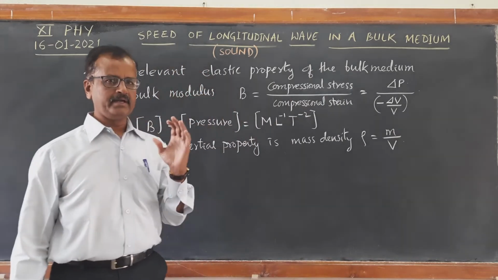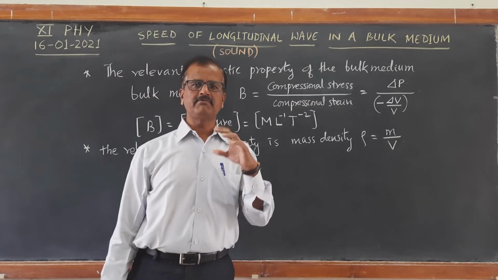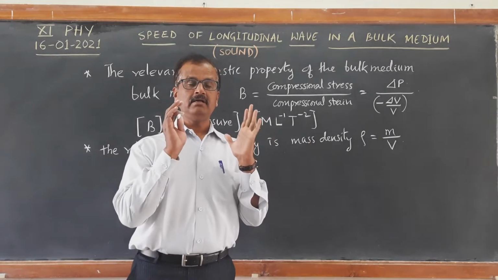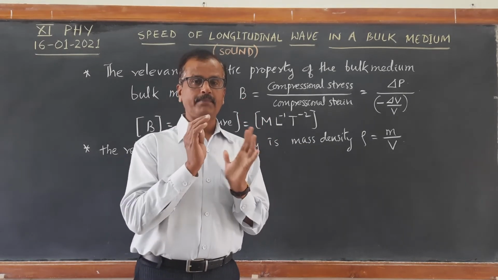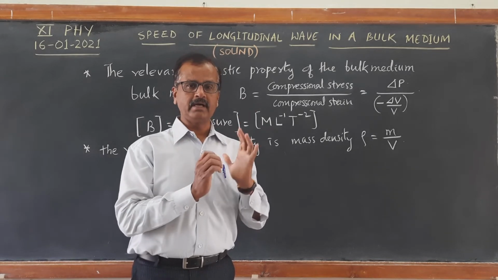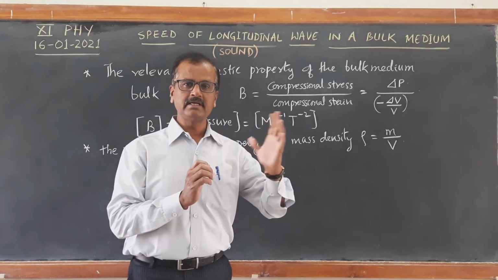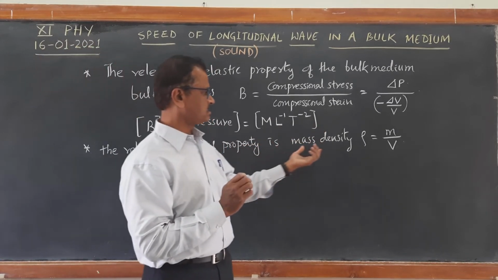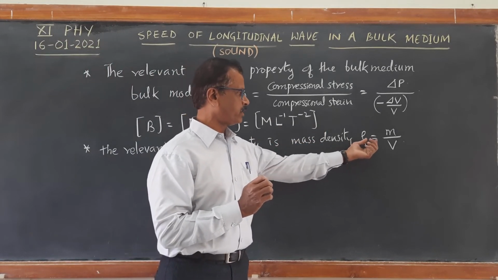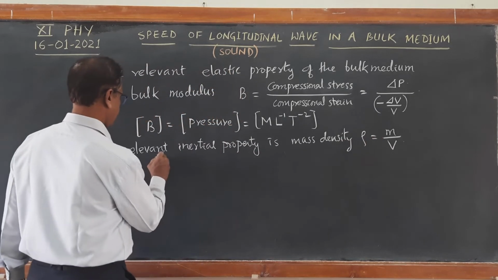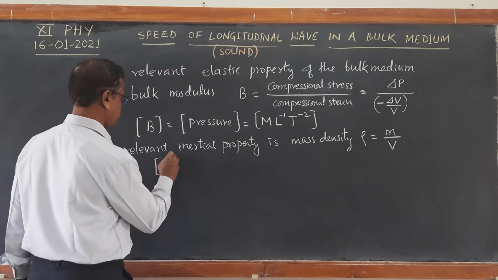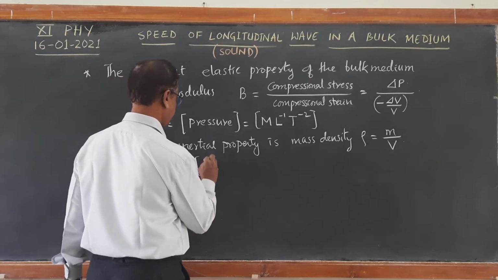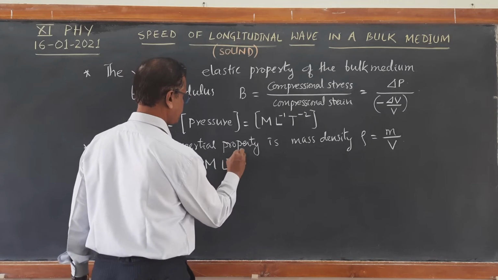As we have defined, compressions are the regions of high pressure followed by high density. Rarefactions are the regions of low pressure and low density. So as there is a pressure variation, there is a density variation also. Therefore, the inertial property is the mass density, rho equal to mass per unit volume, so its dimension is M L raised to minus 3.